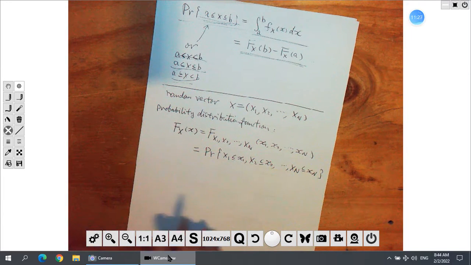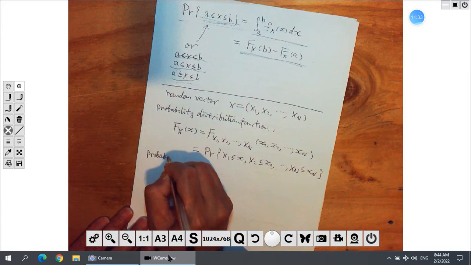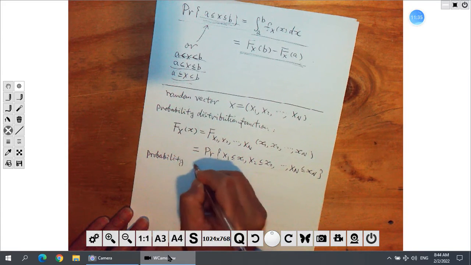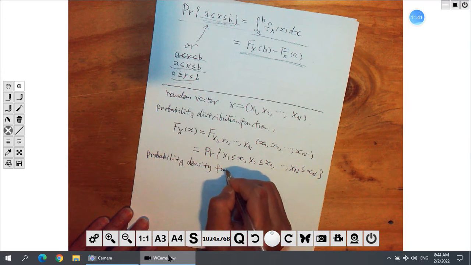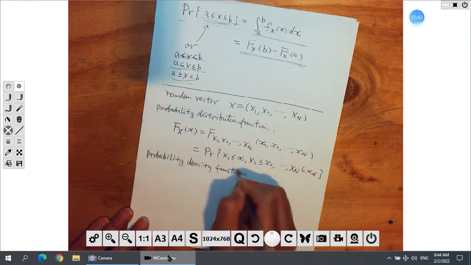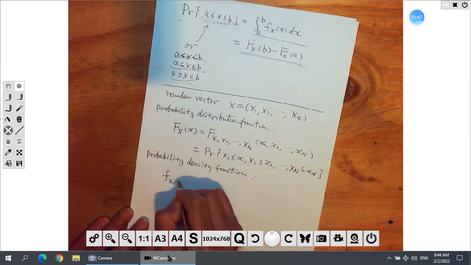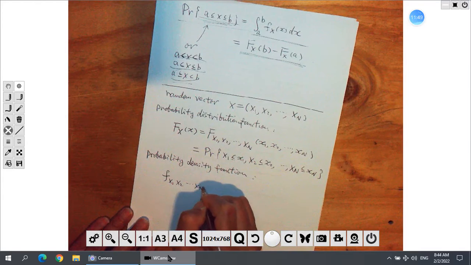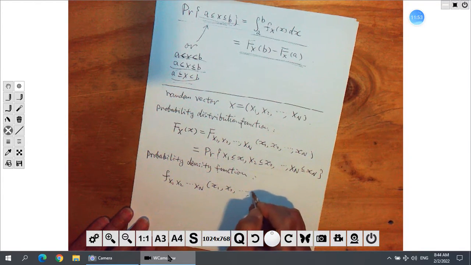Okay, and similarly we have the PDF, the density function, lowercase f of x1, x2 until xn.